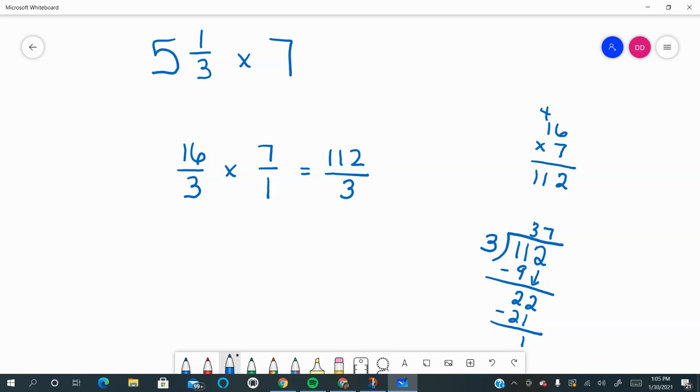The remainder is 3, but I'm not going to write remainder 3. That means it's 1 left over out of 3. So the answer is 37 wholes with 1 left over out of 3. That's how you go from division to a mixed number.